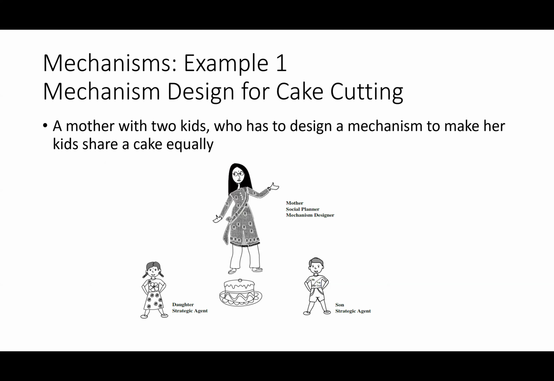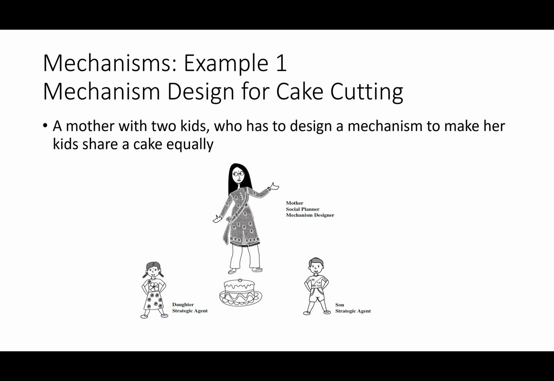So this is a mother with two kids, okay? And this mother has to design a game so that they share a cake equally. So assuming you are a parent, you have two children, and the cake is whole, so you are supposed to give them the cake. Now, this is the mechanism that the mother used.